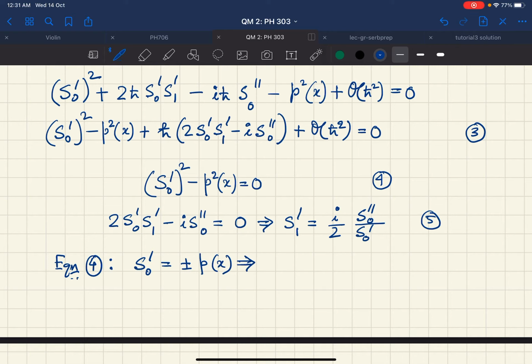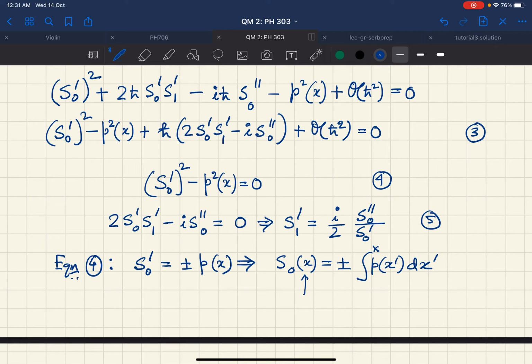This therefore implies s0 of x equals plus minus the integral of p of x prime dx prime, and the upper limit should be x, because I have to get the left hand side as s0 as a function of x. So integration is up to x such that we get s0 as a function of x.